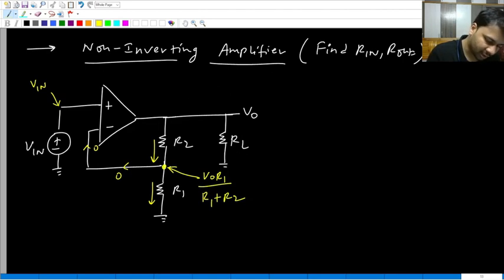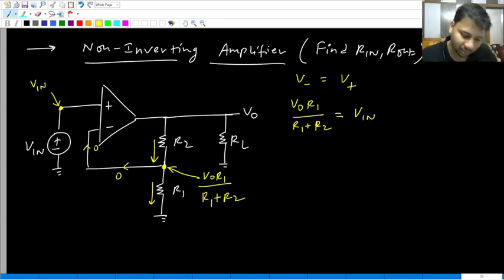Which point is this? Minus input terminal. Which point is this? Plus input terminal. Virtual short means V minus equal to V plus. So V naught times R1 by R1 plus R2 is equal to Vn. This is something we have already done earlier, but still I'm doing it again.